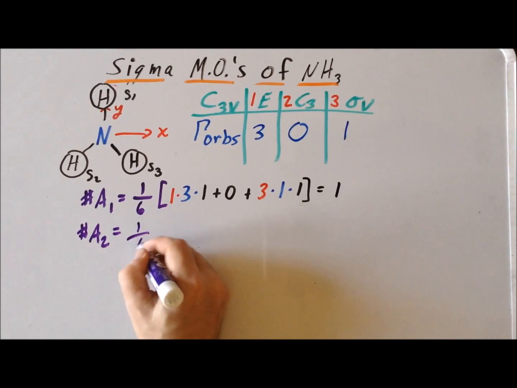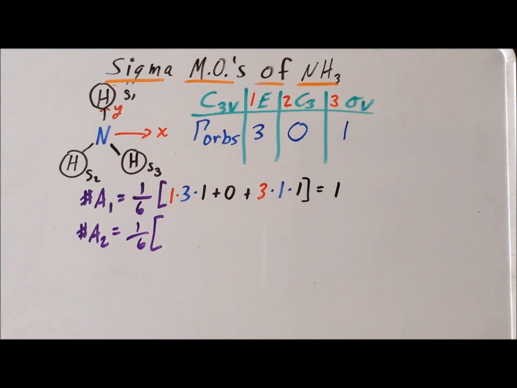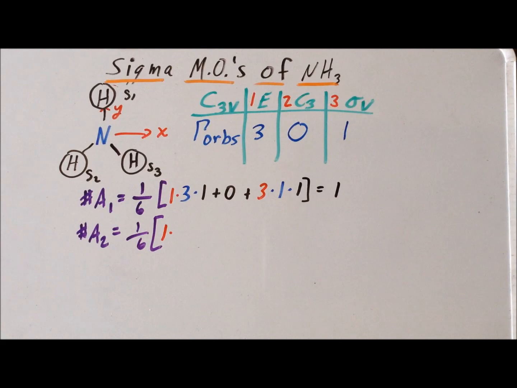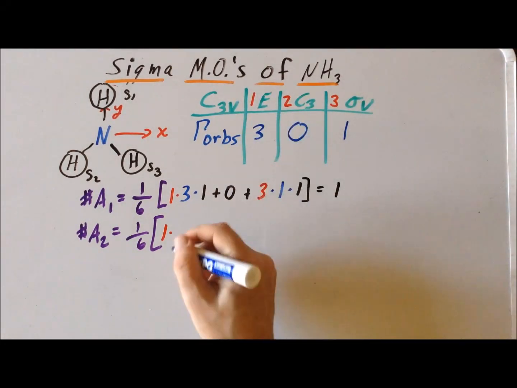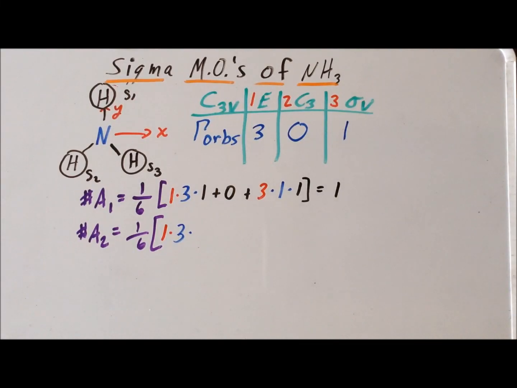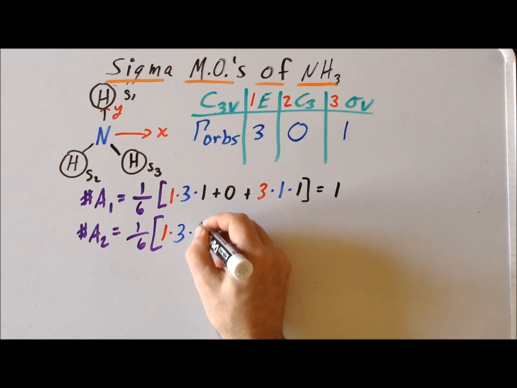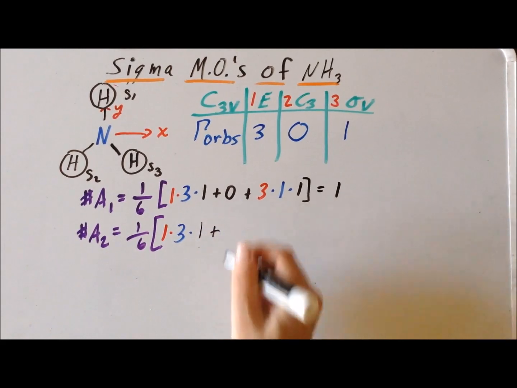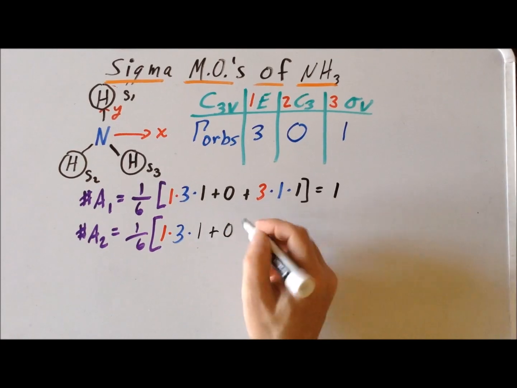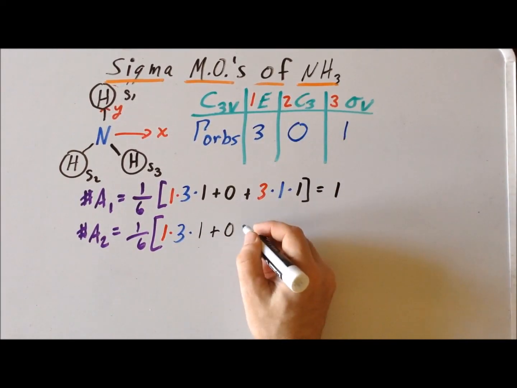Next, we look for the A2 irreducible representation. Again, we start off with 1/6 because 6 is the order of the group. For E, there's one operation in the class. The character from the reducible representation is 3, and we've had that color-coded there. And then the character from the irreducible representation, A2 in C3V, is a 1. Similarly, since we have a character of 0, we end up with a 0 for the C3 class.